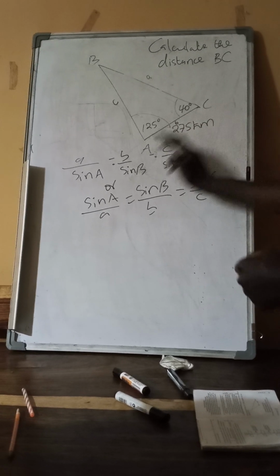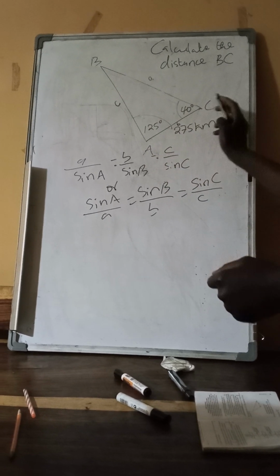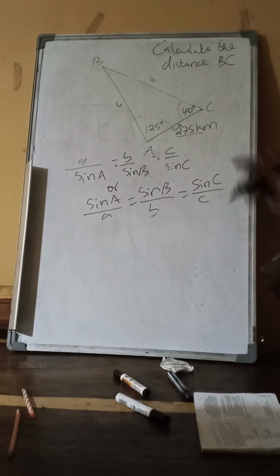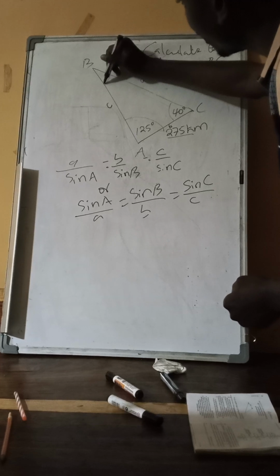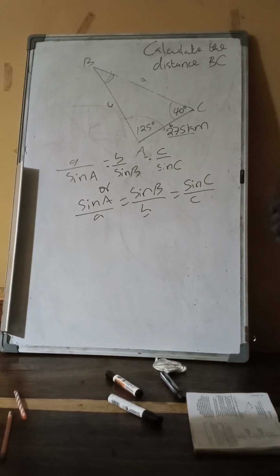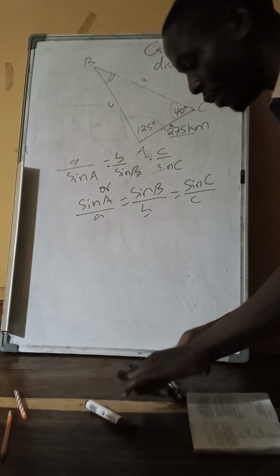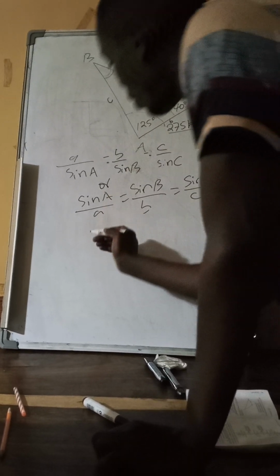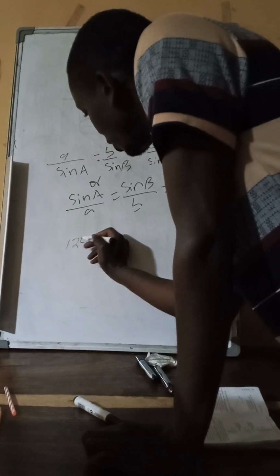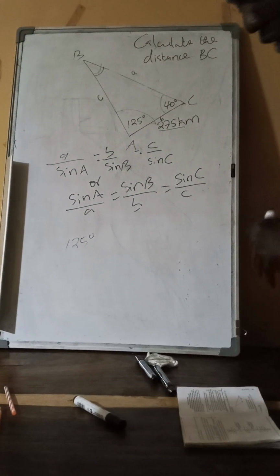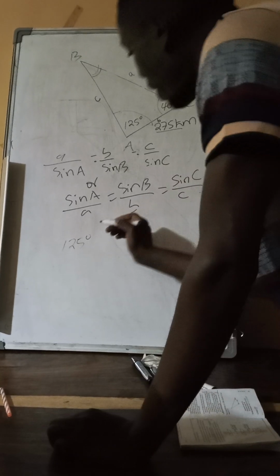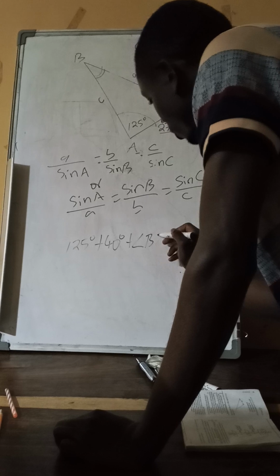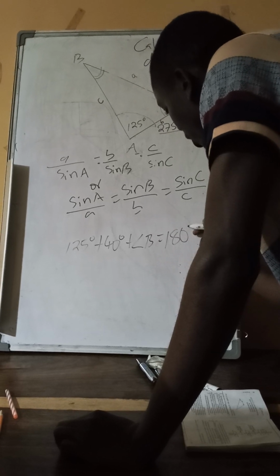Now I've been given the distance. Small letter b is represented by AC, which is 275 kilometers. But I don't have angle B. But I know that angles in a triangle add up to 180 degrees. So if I want to find angle B, you must show this working: 125 plus 40 plus angle B must get 180 degrees.